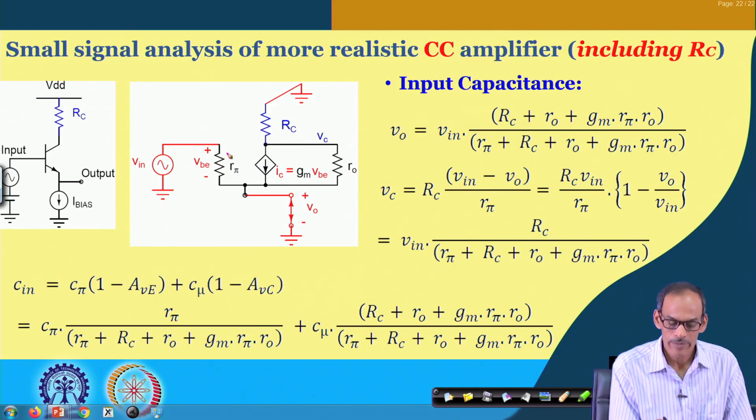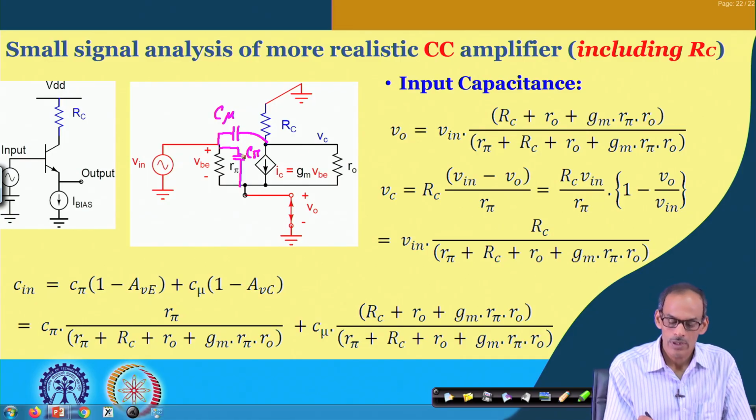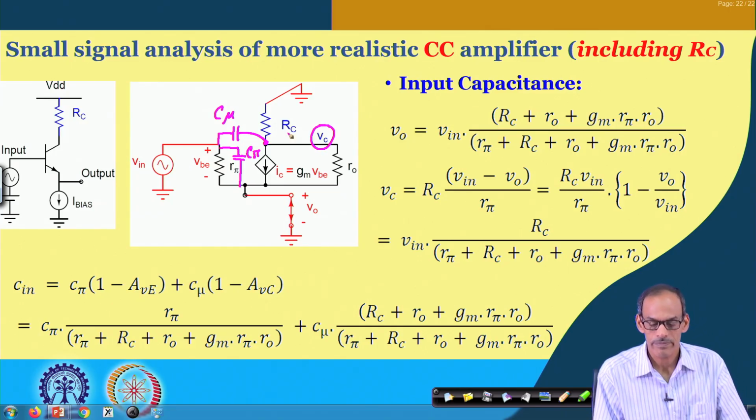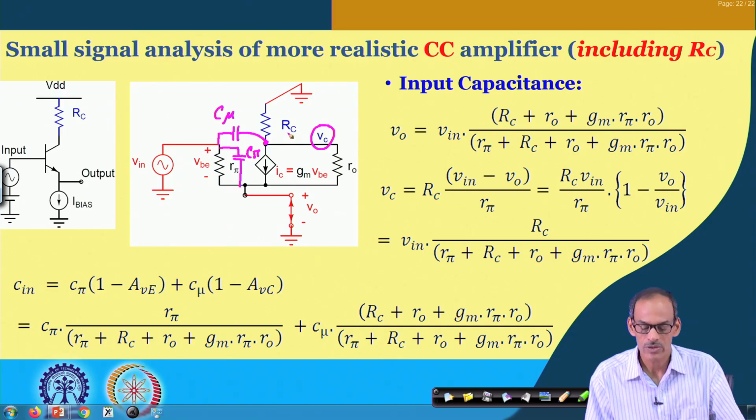In the small signal equivalent circuit, we do have C mu and then C pi. And note that compared to our previous discussion, the voltage here is not AC ground; rather the voltage is V C, and V C is, of course, a function of the input voltage.